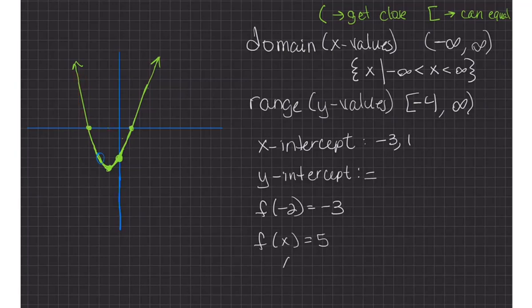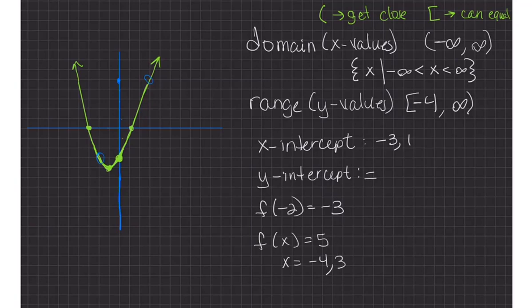So when x equals negative 4, and then for this other point, that would be when x is 1, 2, 3. So x is 3.